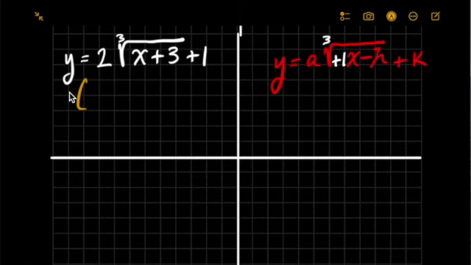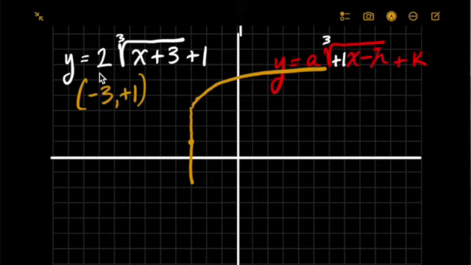Our inflection point is going to be -3, +1. This graph is going to open up and to the right. However, the vertical length through that inflection point is going to be longer because of the 2. So let's go ahead and make that a little bit longer than normal. And we're going to open up to the right and down to the left, like so.